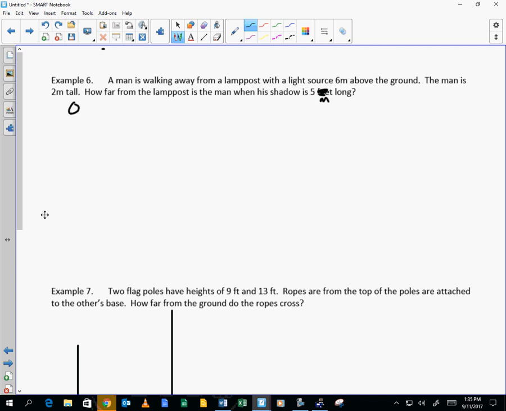Draw the lamppost. Charlie's taking us away. Lamppost. Person. Shadow. That's 5.